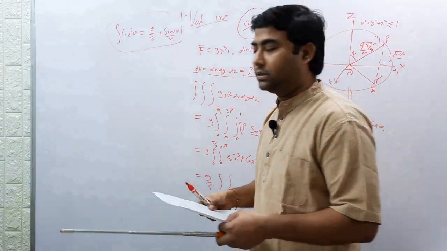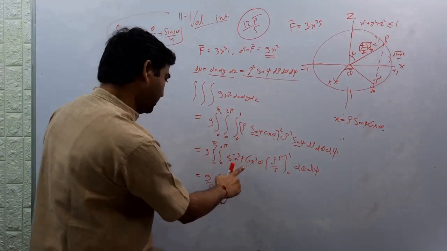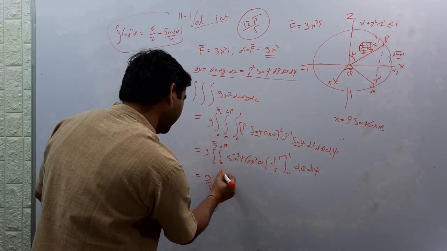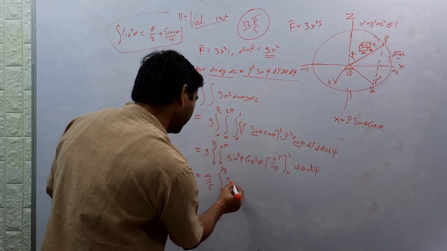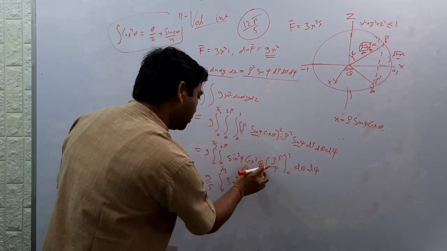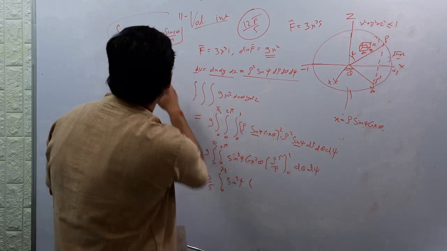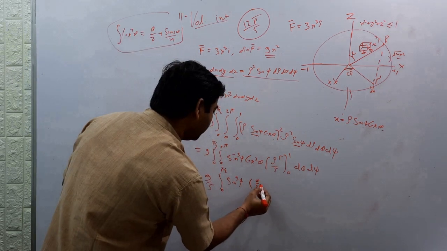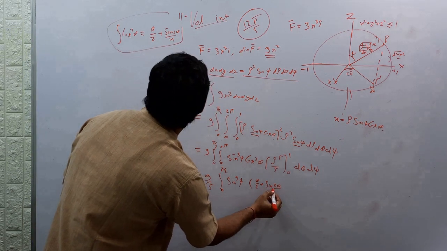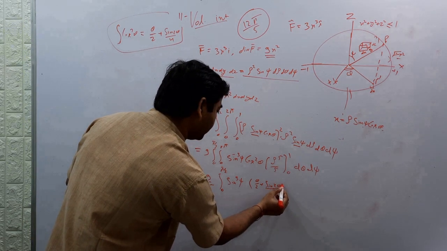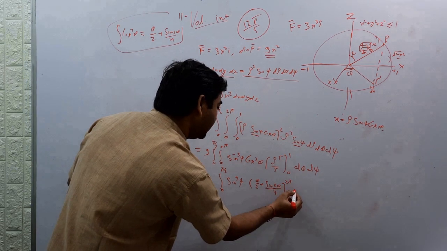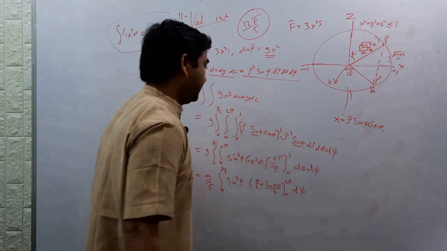This I have already calculated. The remaining part is 0 to pi by 2 of sin cubed psi, and cos squared theta integrates to theta by 2 plus sin 2 theta by 4, from 0 to 2 pi, and now this is d psi.